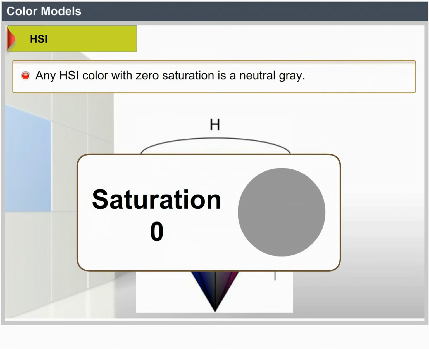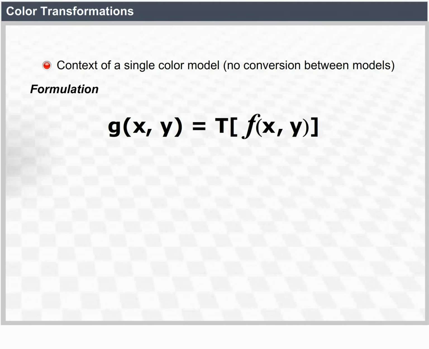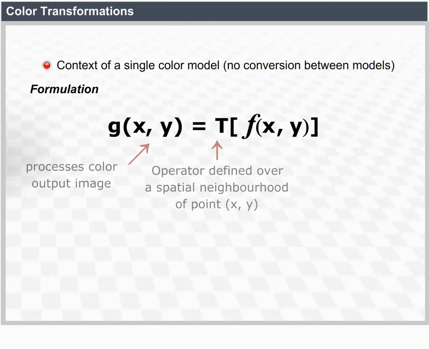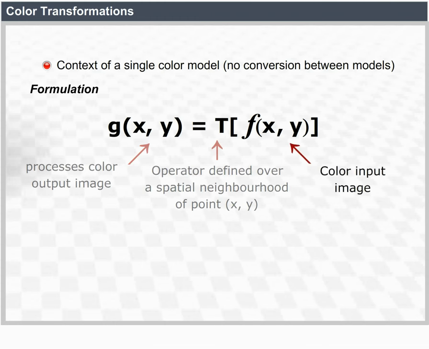Color transformations. Context of a single color model, with no conversion between models. Formulation: g(x, y) equals T of f(x, y), where g(x, y) is the processed color output image, T represents the operator defined over a spatial neighborhood of point (x, y), and f(x, y) represents the color input image.